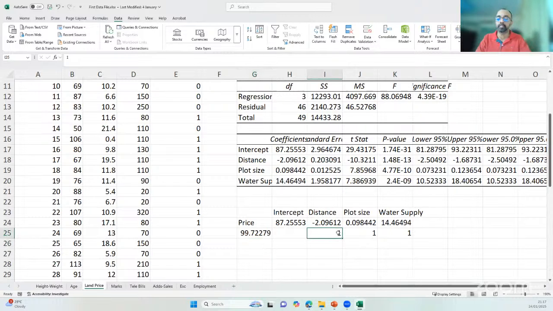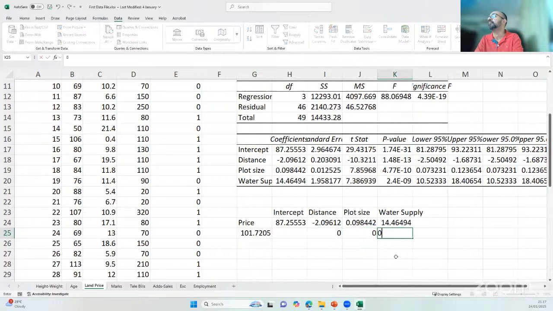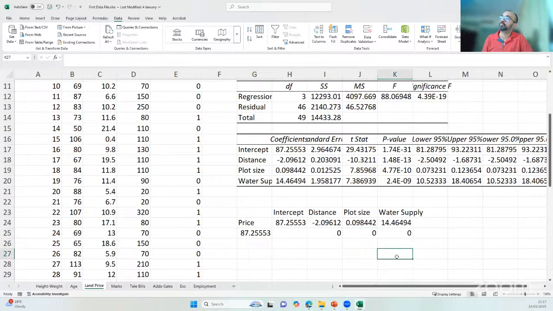So I will put 0 here for everything. Of course, there cannot exist a plot at distance 0 and plot size 0. Water supply 0 can be possible, but plot size 0 cannot exist.